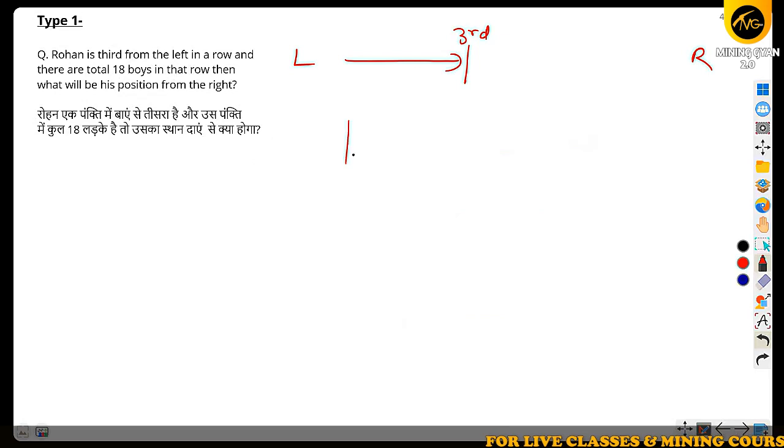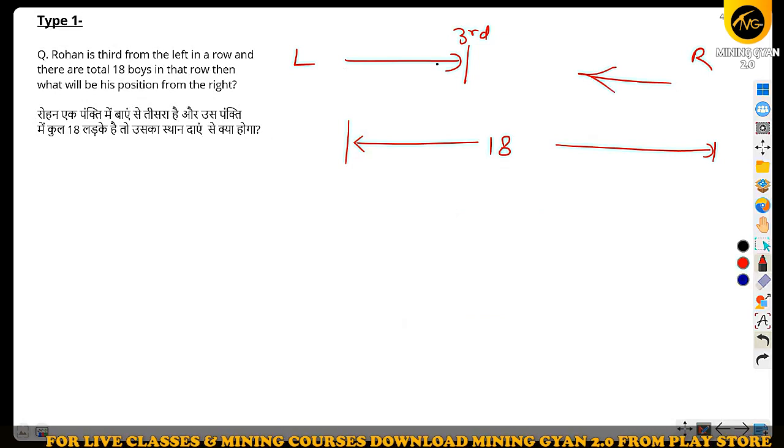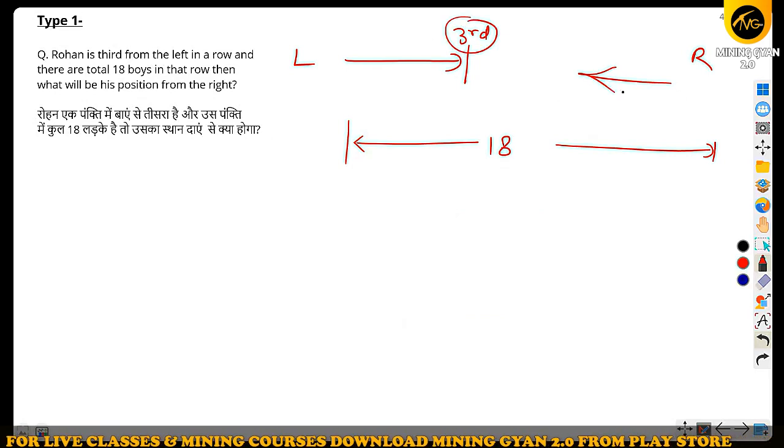So basically there are total 18 boys from left to right or right to left. In that row, then what will be his position from the right? So basically we have to find out his position from the right direction. Because he is third from the left, you have to calculate his position from the right side.